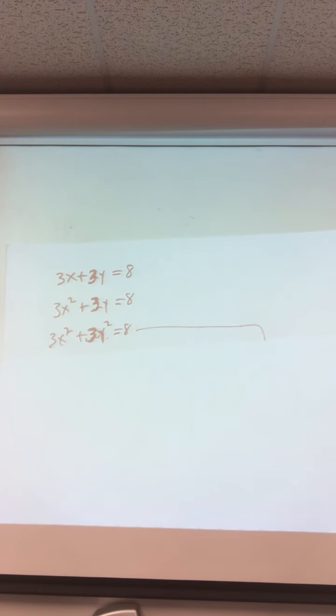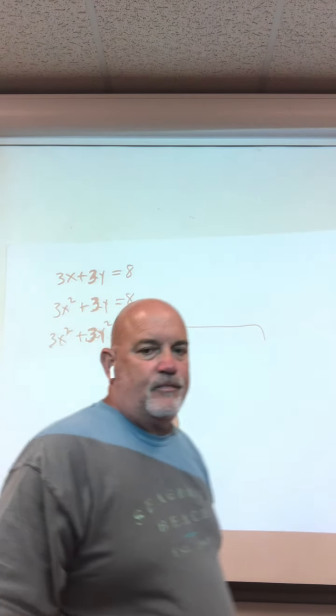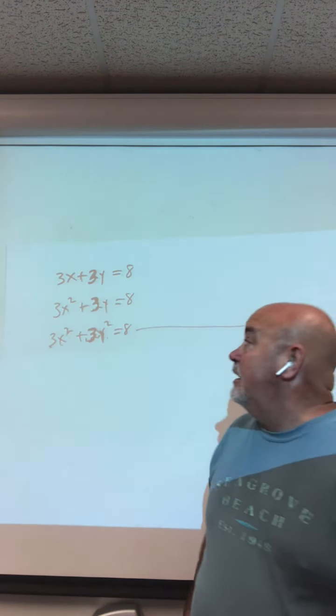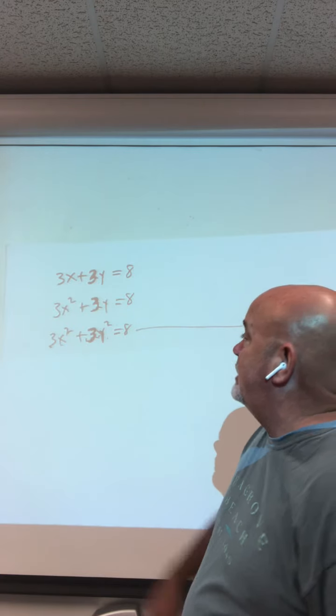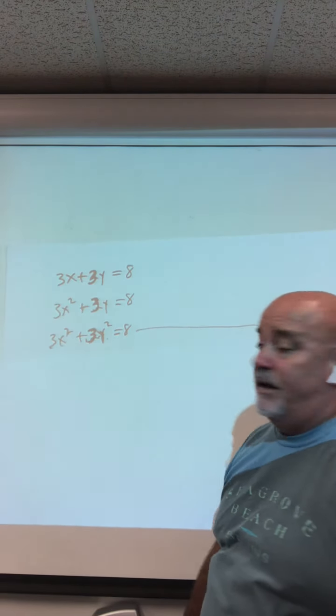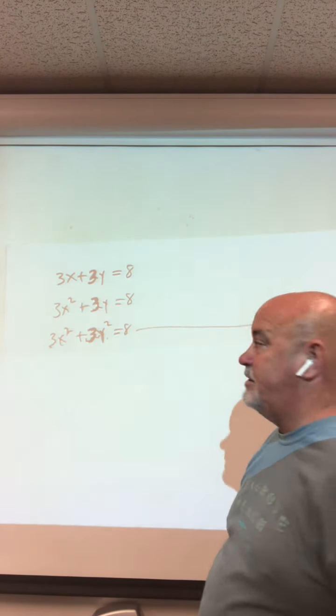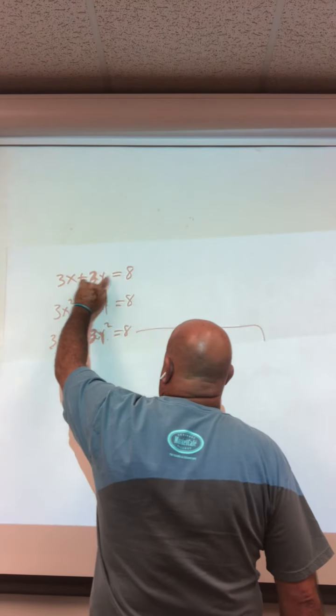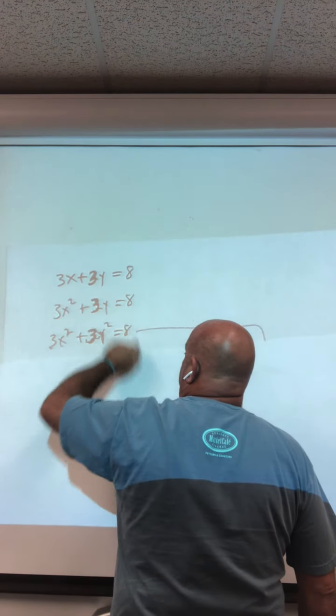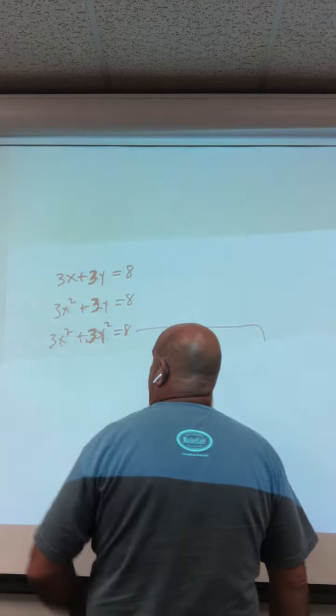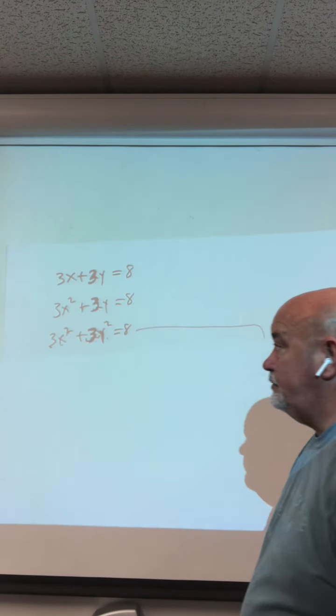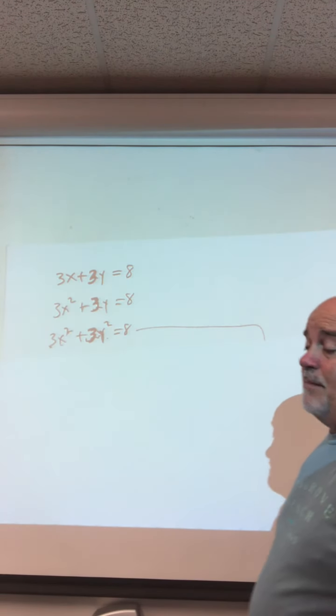Don't write these down. You see these 3 equations? Now, let me ask you something. How many letters do you see in all 3 of these equations? You see 2 letters in this equation, 2 letters in this equation, 2 letters in this equation. So, what does that mean then?